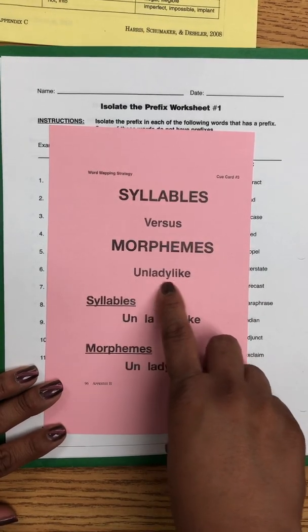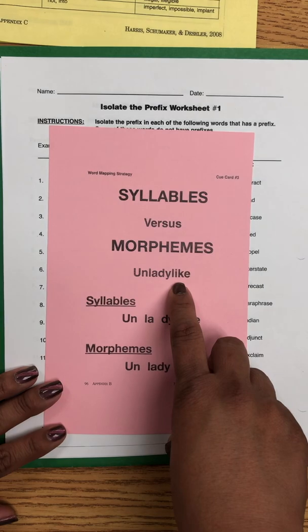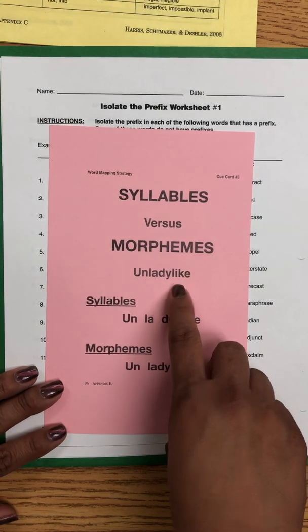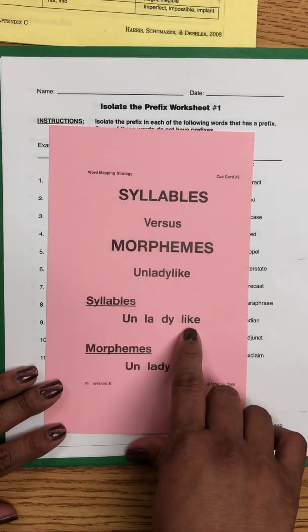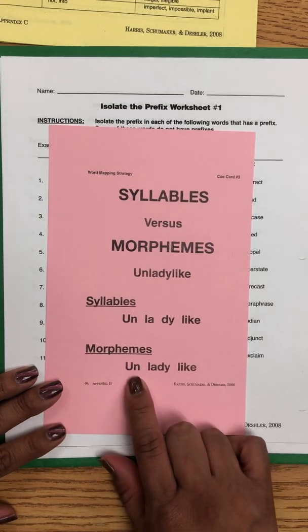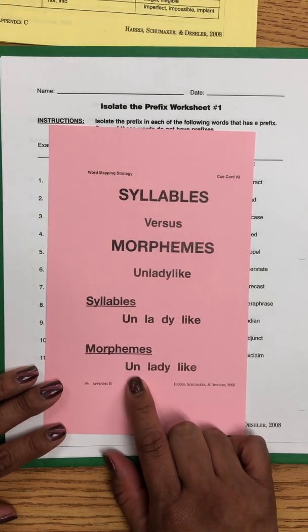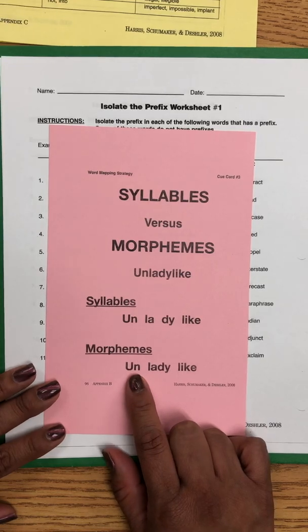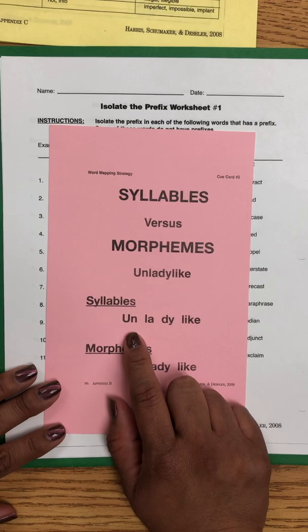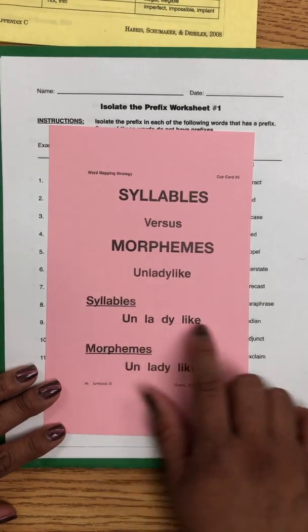In the word unladylike, which is the word we practiced, we broke it apart into syllables and found that we had 4 syllables in unladylike, but we had 3 morphemes in unladylike. So there were 3 word parts that had meaning, but in syllables there were 4 word parts that centered on a vowel. These did not have meaning.